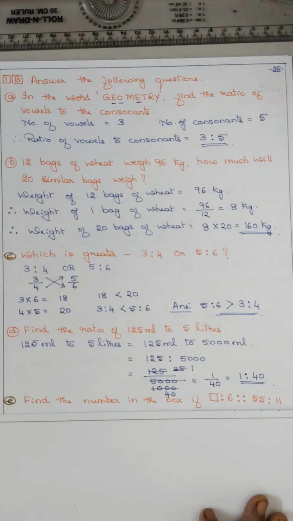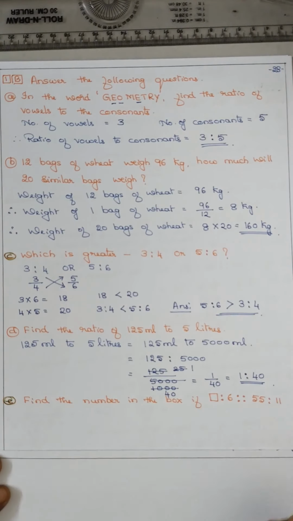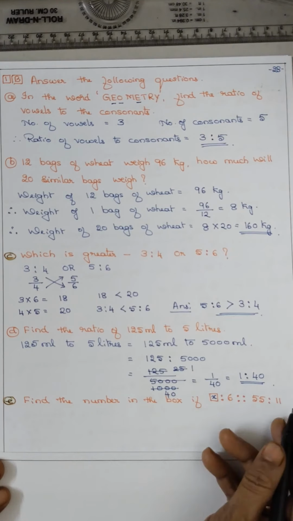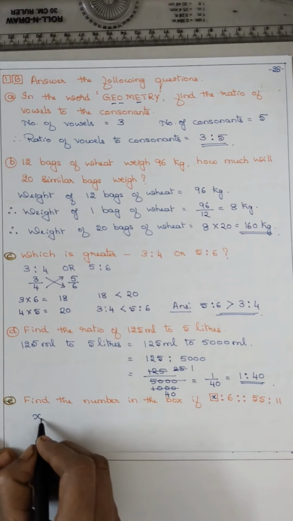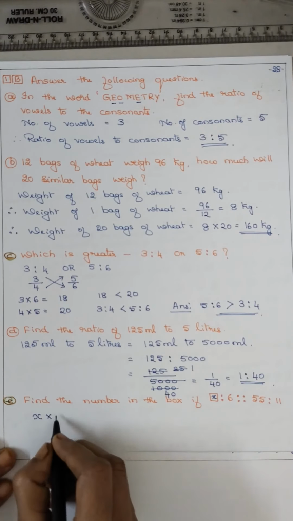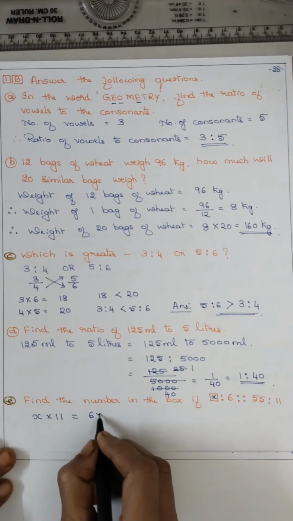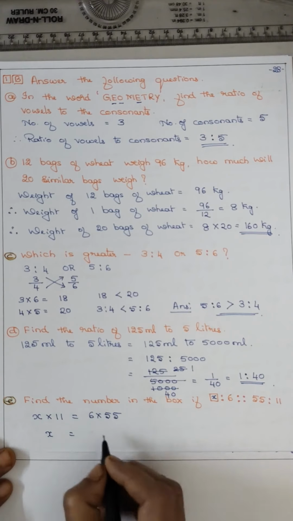Are you confident? Now coming to find the number in the box. Let it be x. So if the numbers are in proportion, the product of extremes should be equal to the product of the means. Extremes: x into 11 should be equal to 6 into 55. Keep that x on the left hand side.